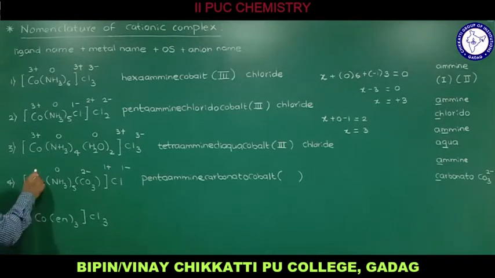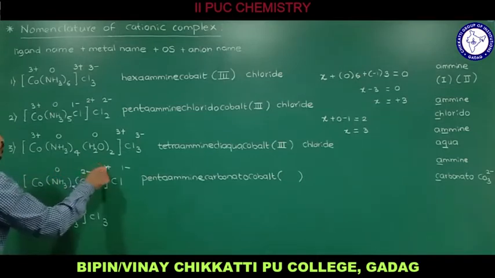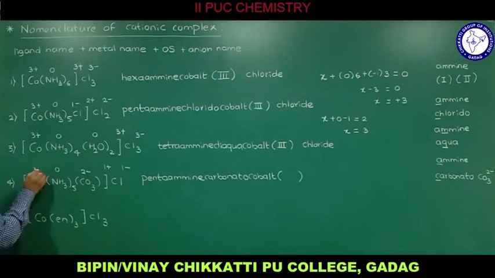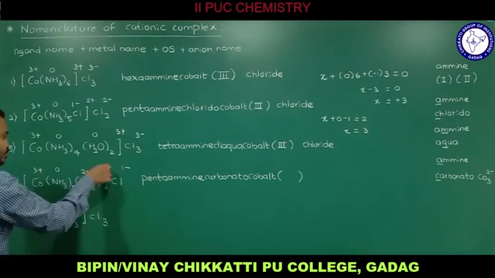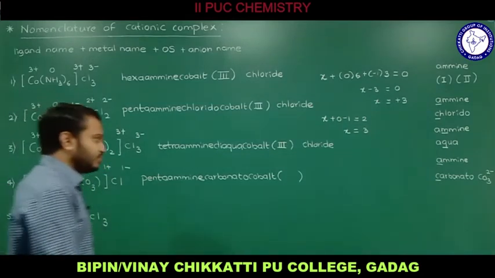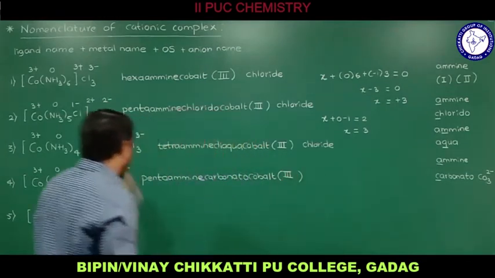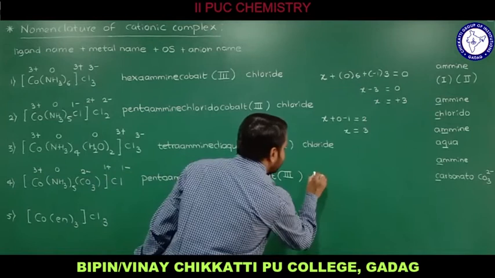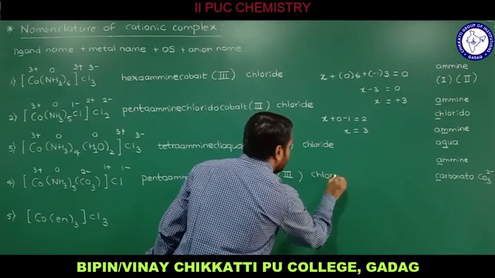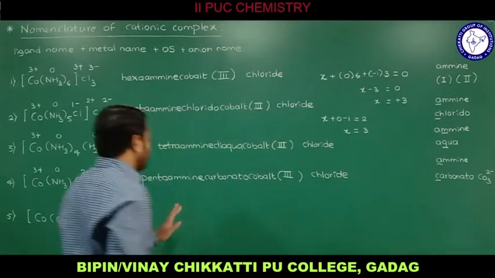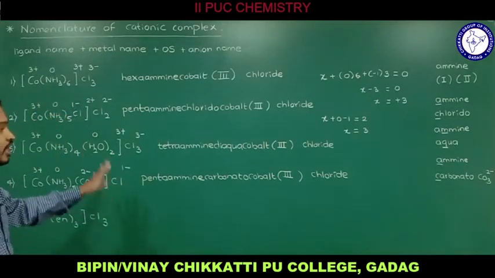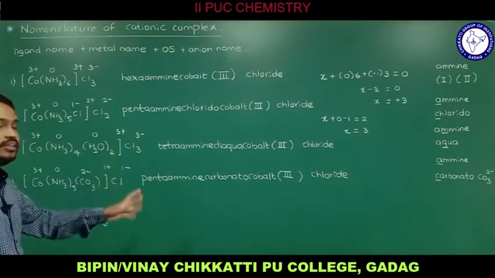If you add these two, the total charge should be 1 plus. I think this will be 3 plus, because 3 minus 2, you will be getting 1. Cobalt oxidation state is 3. So, that I write in Roman inside the bracket. Anion is Cl, so I leave a space and I write chloride anion. So, the IUPAC name will be pentaamine carbonato cobalt 3 chloride.